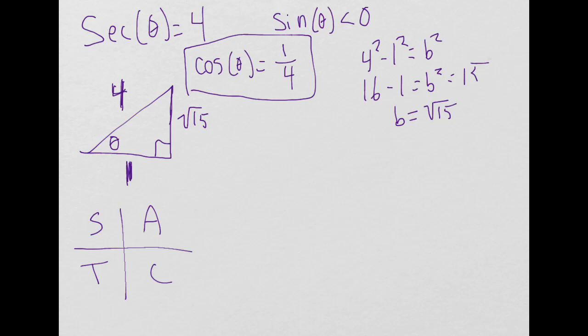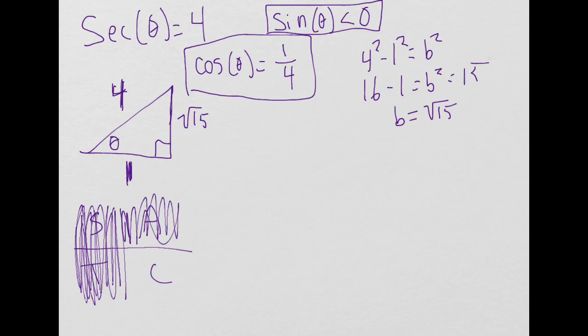Cosine, again, we're talking about x values. So wherever we are, our x values are positive. So that excludes both of those quadrants over there, where x is negative. We're also told that the value of sine is negative. Sine is our y values, so we have to be in the fourth quadrant right there, where sine is negative.